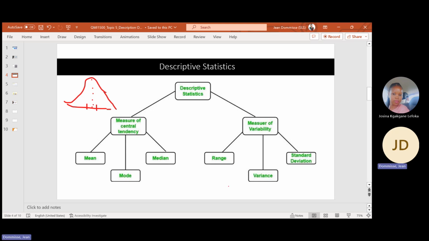But what also happens is that it's not always 100% perfect, and then we need to work out what the spread of the data is. That is where the measure of variability comes in, and I see measure was spelled wrong.